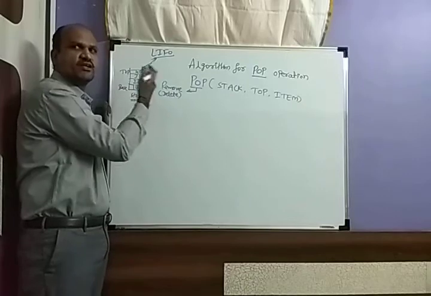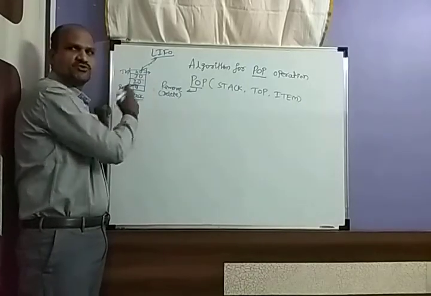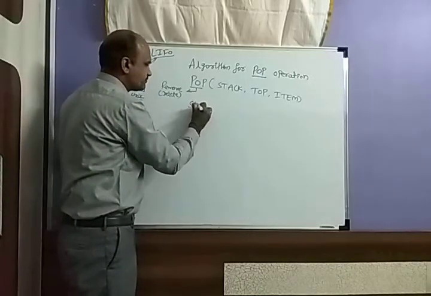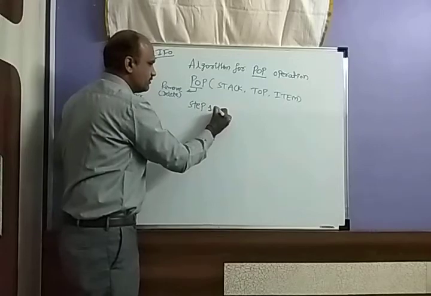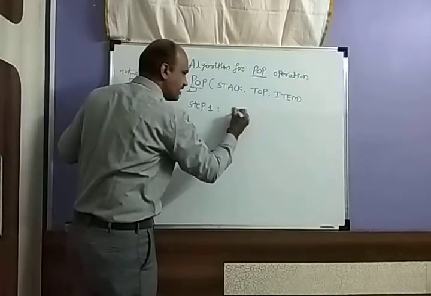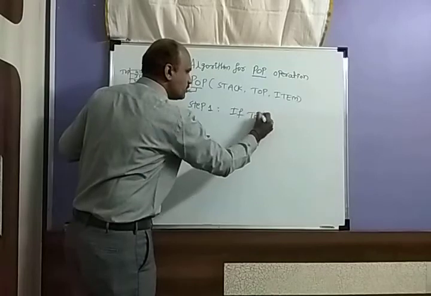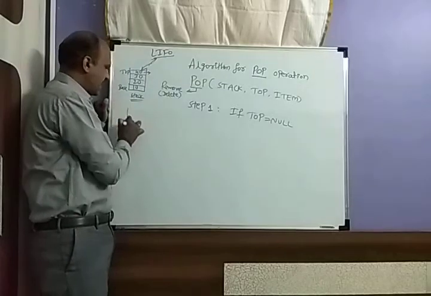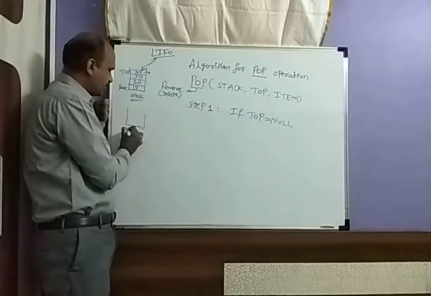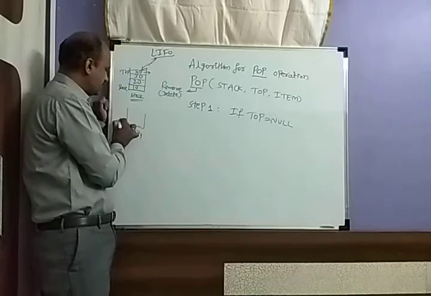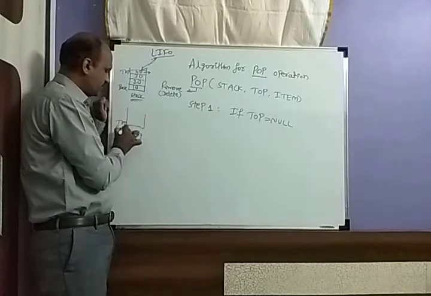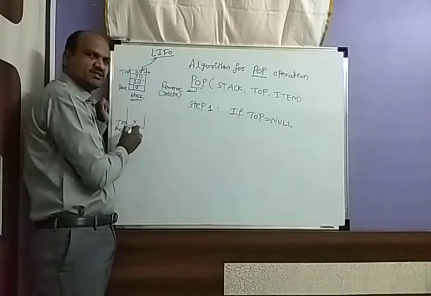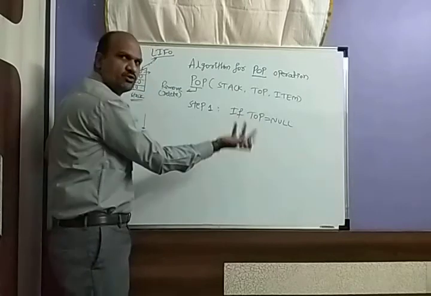If items are not present, then as I told you, top is equal to null. So when you go for the algorithm, step 1, you have to check if top is equal to null. If there are no items present in the stack, that is an empty stack, the top is here and the base is also here. When you go for the pop operation and there are no items present, that's why top is equal to null.